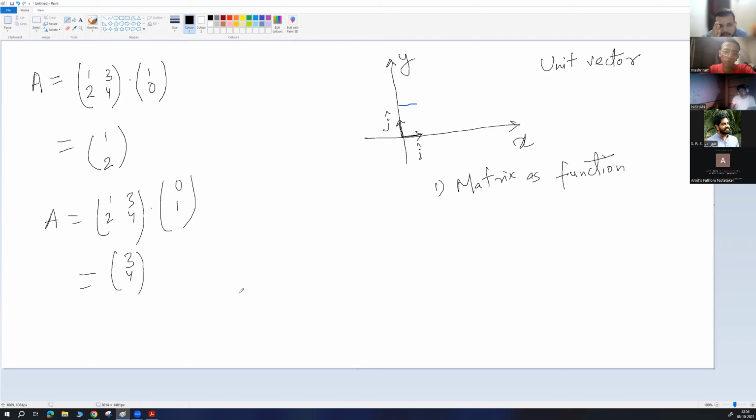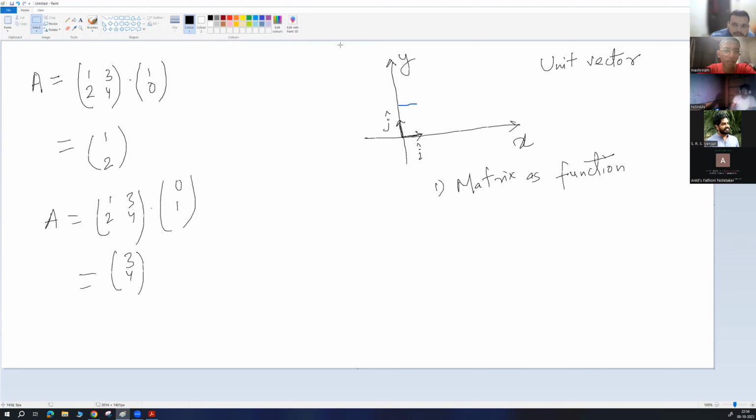So can we see that our column vector 1, 2 is actually our I cap here in the matrix, and our column vector 3, 4 is actually our j cap in the matrix? Yeah, we can surely see that.